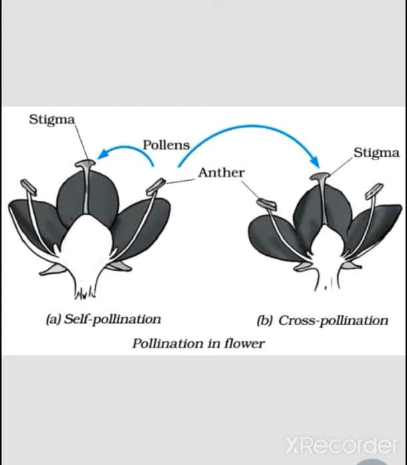In last video lectures we had discussed the male reproductive gamete and female reproductive gamete separately, and the overall male reproductive system and the female reproductive system of a flower. So in this video I am going to discuss the topic pollination, because before the process of fertilization there is a need of pollination in flowering plants.